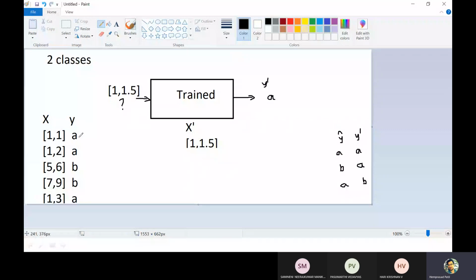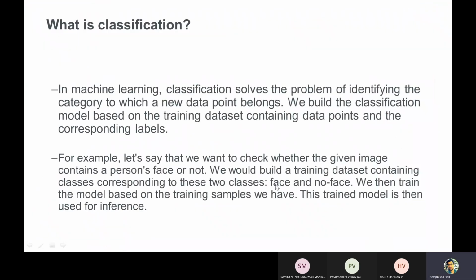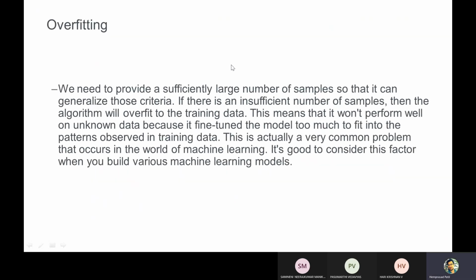We provide the data, and here the label will be face or non-face. We then train the model based on the training samples we have, and the trained model is then used for inference. Inference means testing.